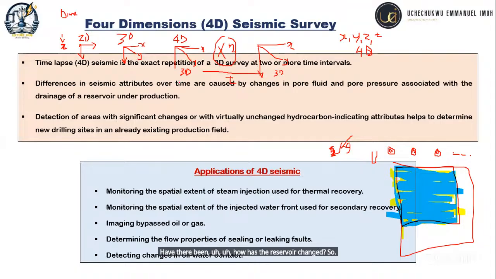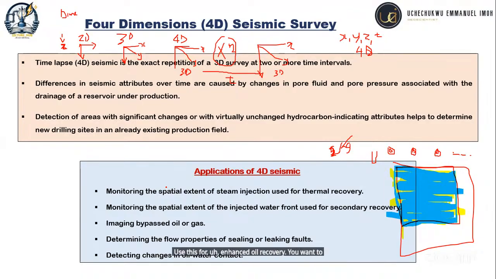So the 4D seismic is used for reservoir monitoring majorly, okay? They are basically used for reservoir monitoring. We have barely 20 minutes. And so it's very important you use it to monitor your reservoir, use it for enhanced oil recovery.